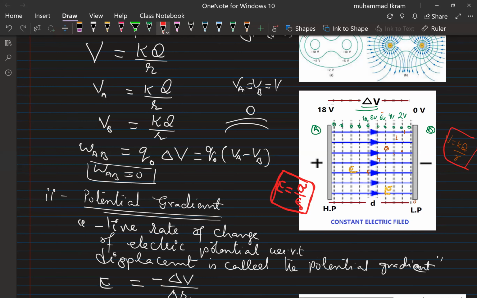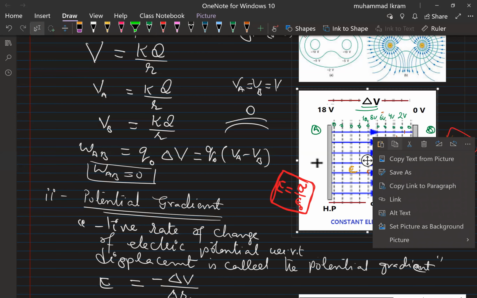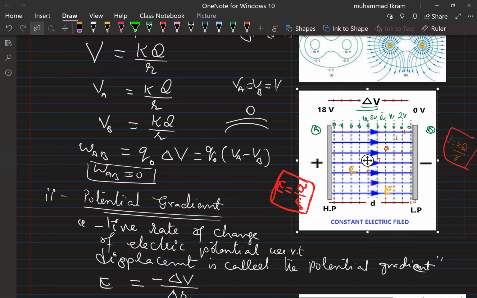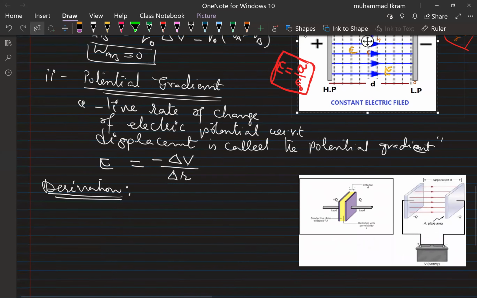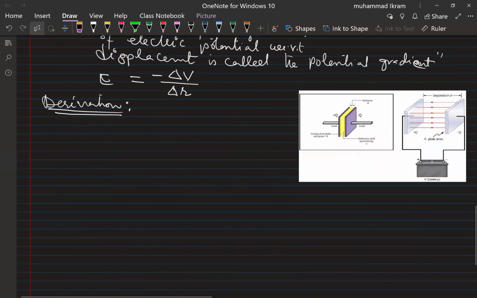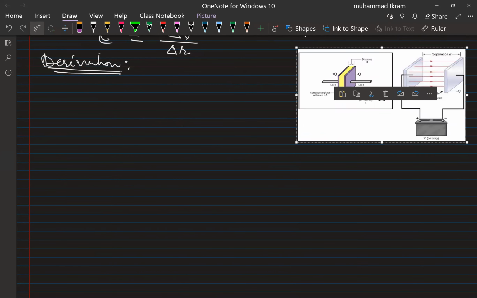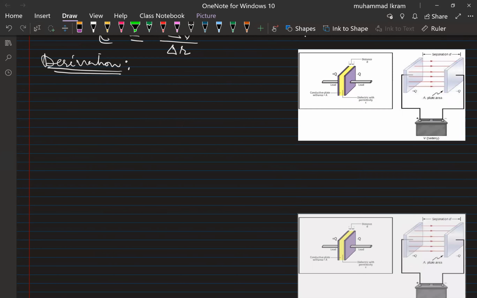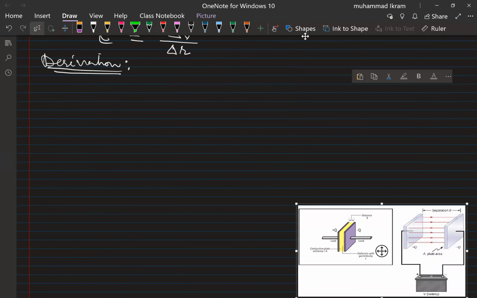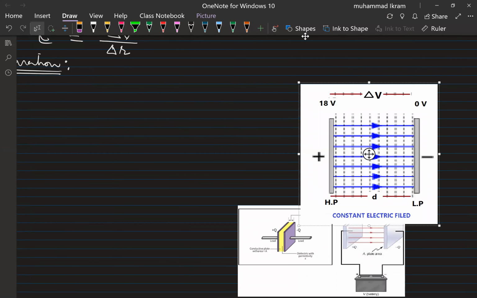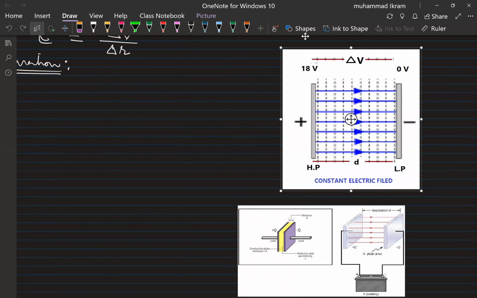Now let us take that. I want to copy this here so that I should not move again and again. Now let us see.